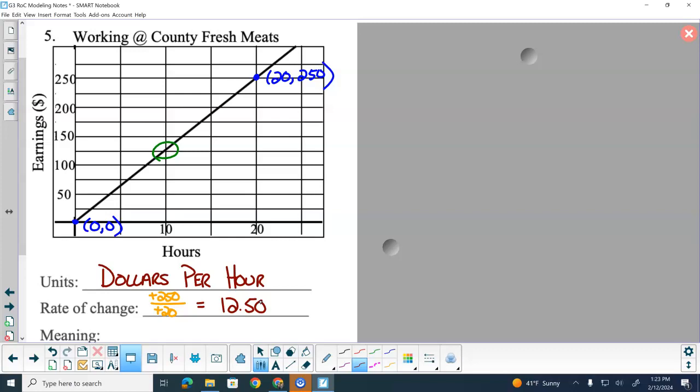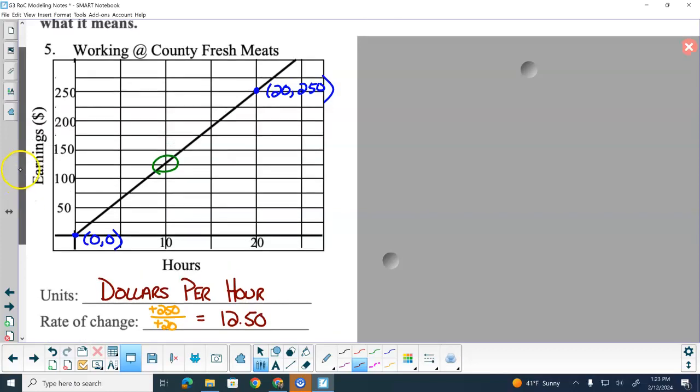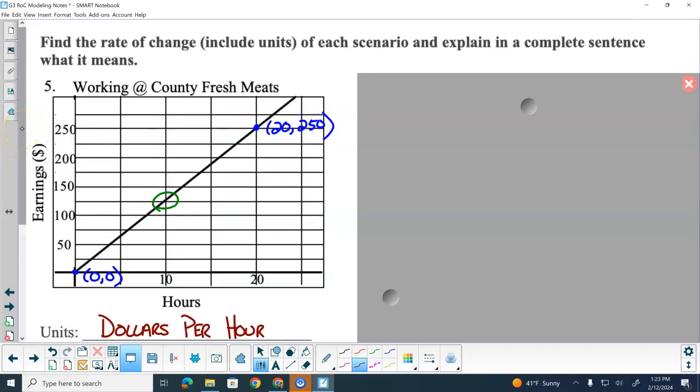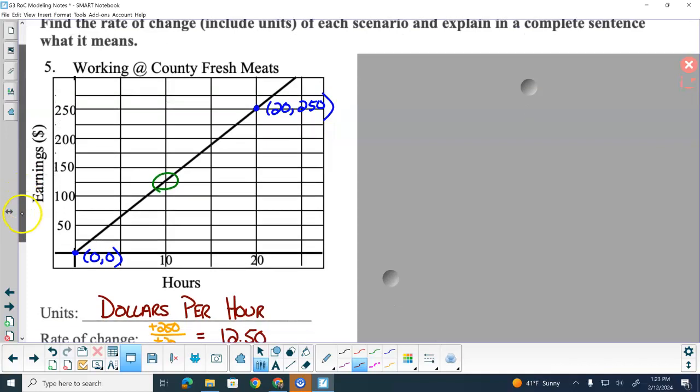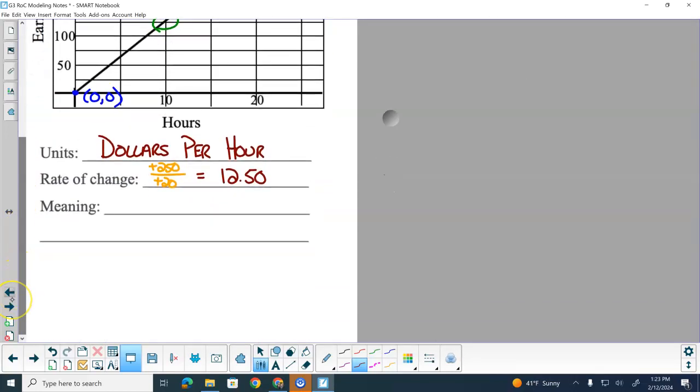Okay? Now, here comes the fun part. We're going to explain that scenario in a complete sentence. So we're going to tell a story. $12.50 per hour is not a complete sentence. Okay? So now we've got to make up a story.